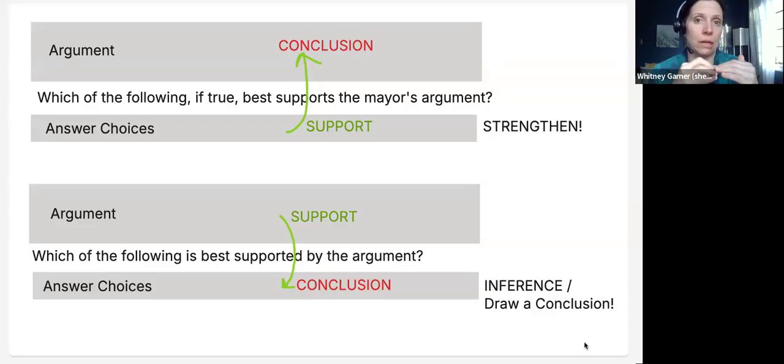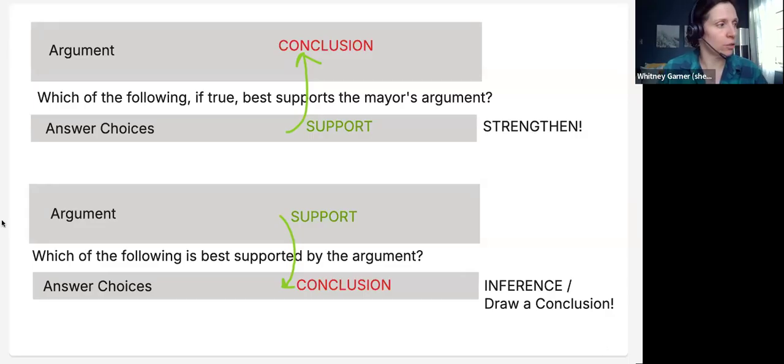In a strengthen question, I'm trying to come up with new information that makes the argument that I just read sound better. In an inference or draw a conclusion problem, I'm trying to assess what I read, and I'm trying to state a conclusion that comes directly from that text. No new information. I'm only trying to state what I can prove to be true based on what I just read.